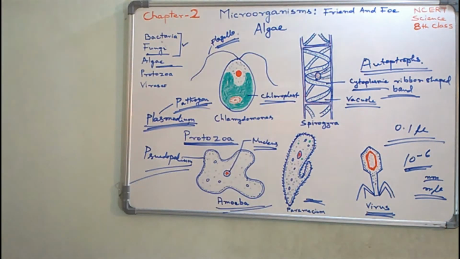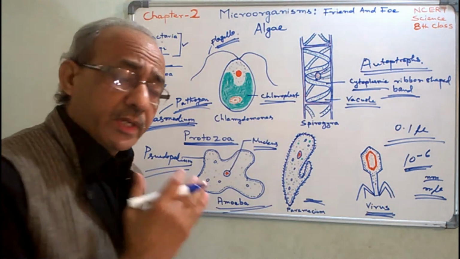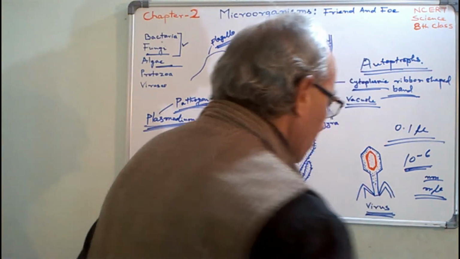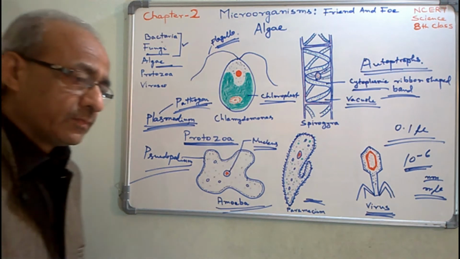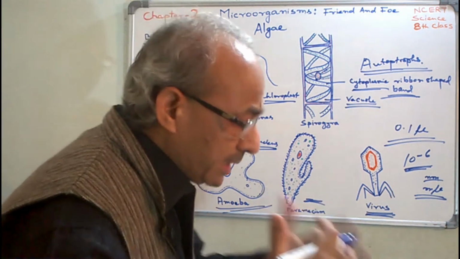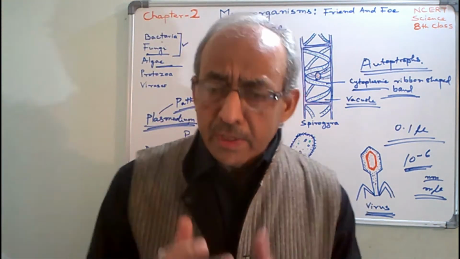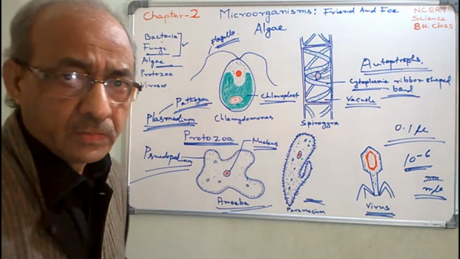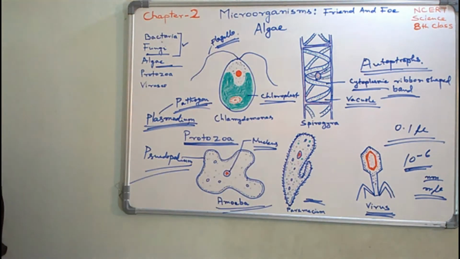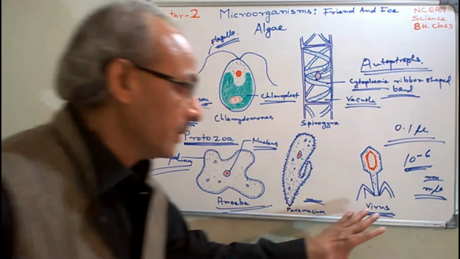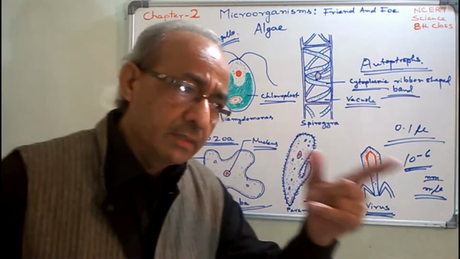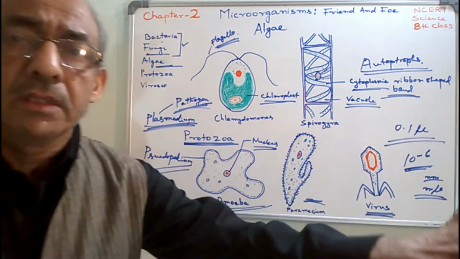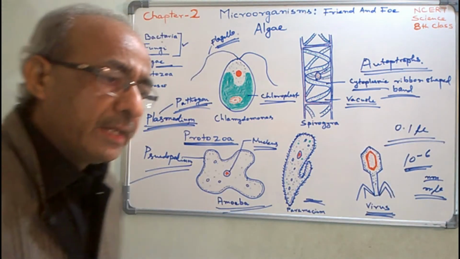Now, very significant characteristics of viruses you should know. Viruses are considered as a link between living and non-living because they only start their life cycle when they enter the body of certain organisms.